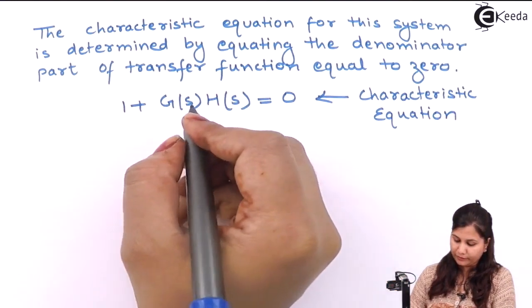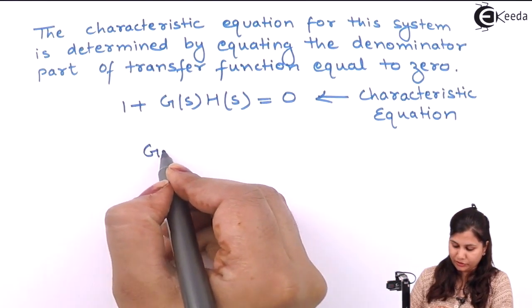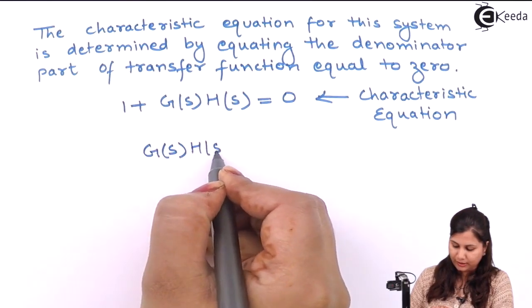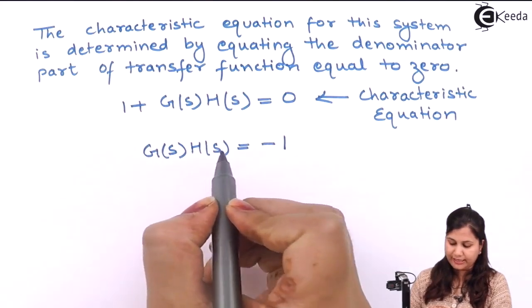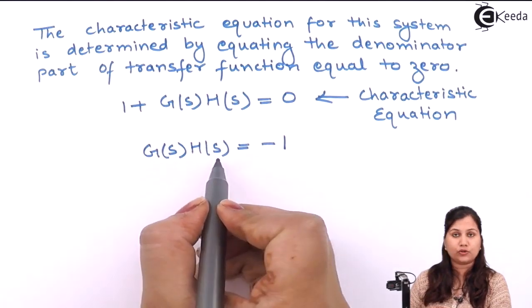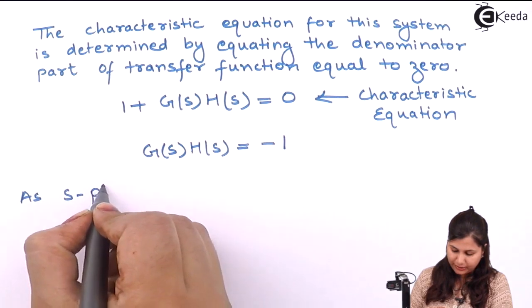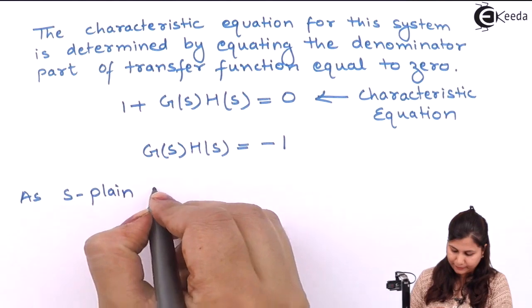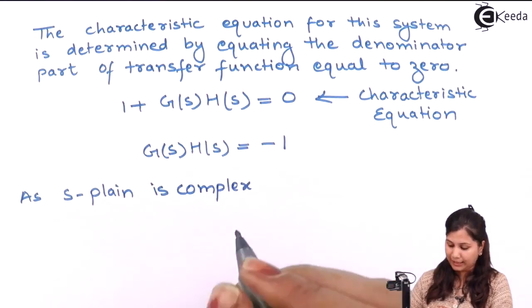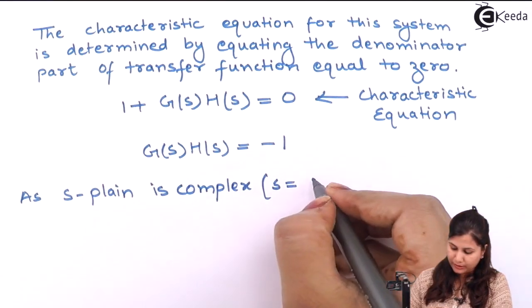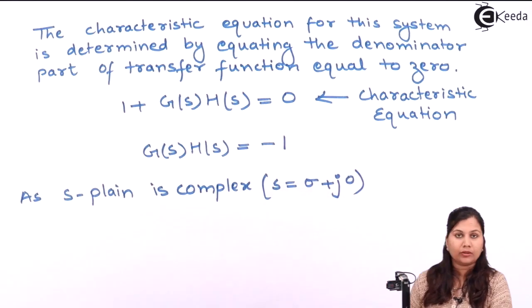Okay. Now if we bring this one to the right hand side, it will be G(s)H(s) equals minus 1. Now this G and H, as they are in the s domain, and the s plane is complex, complex means that s is equal to sigma plus j omega.